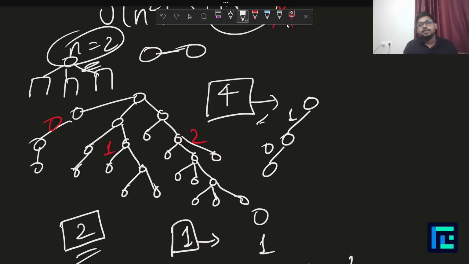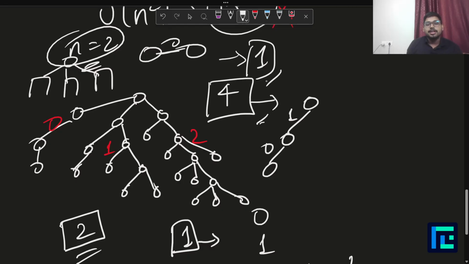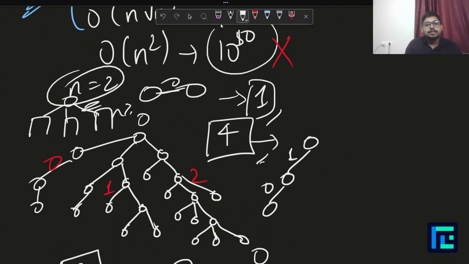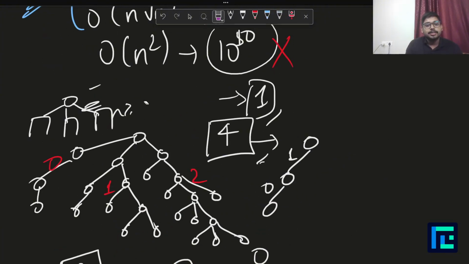That's the only exception: if you have only one edge, it would have a label of 0 only, and it would have a MEX of 1 only. In that case your answer would be 1. But for any other case, whenever you have n greater than, I'll write it more cleanly.